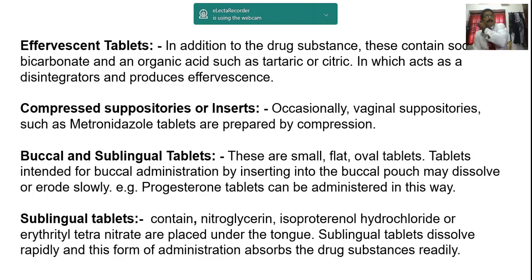Usually it is given for what? For nitroglycerins. They are more useful for patients who are having angina pectoris. Somebody who is having angina pectoris, immediately you can give nitroglycerins. You might have studied more detail in your pharmacology, especially lack of oxygen in the aorta and also in the cardiac muscles.